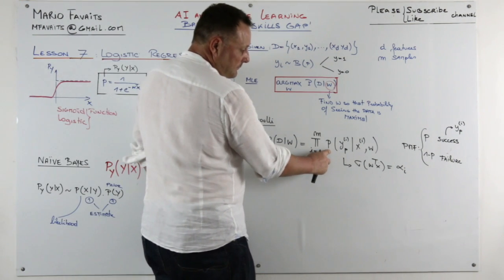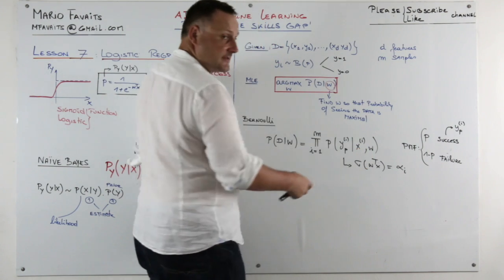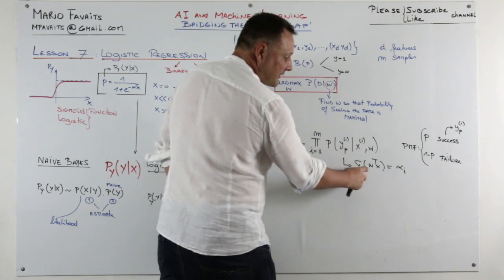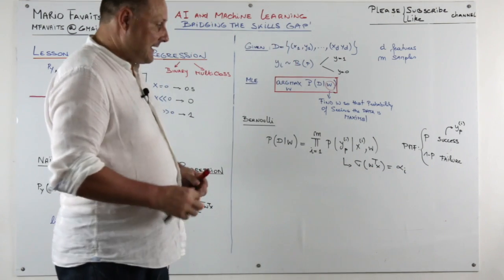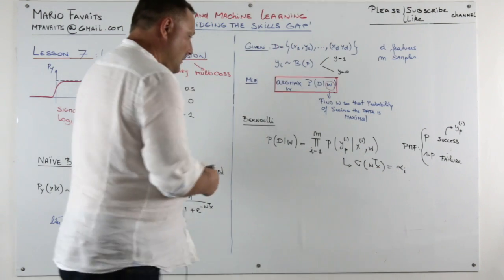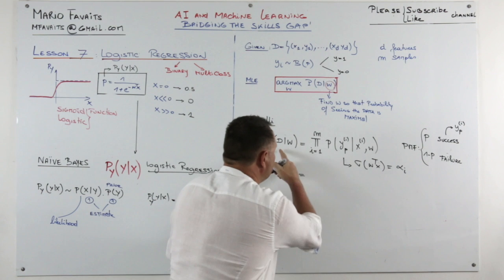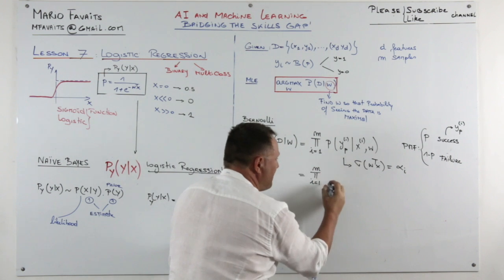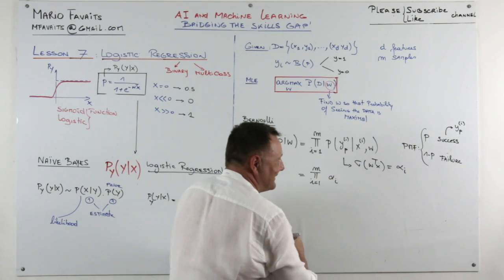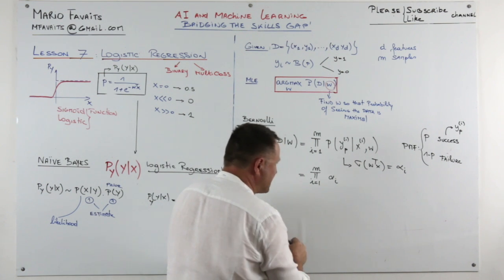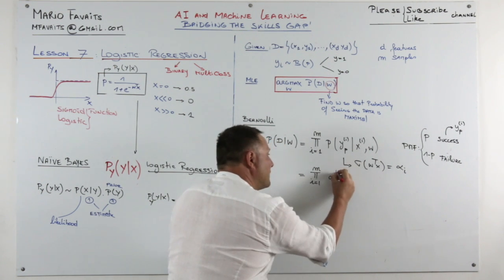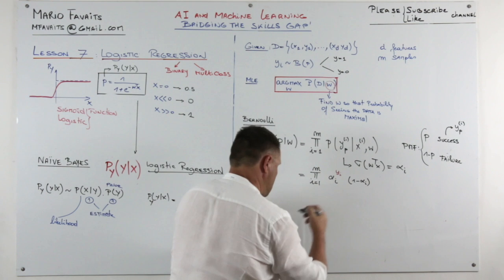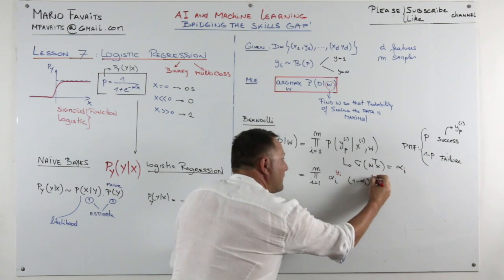So we have the probability of the label given the features and the parameters, and we know that y predict is the sigmoid function of W transpose X, and this we will call alpha I. Okay, so if we use the PMF there, then we have again the product from I is 1 to M of alpha I, which is basically our rate of success, alpha I to the power of yi, times 1 minus alpha I to the power of 1 minus yi.